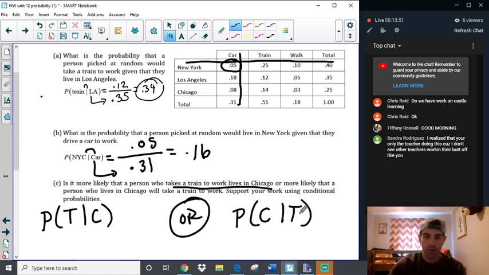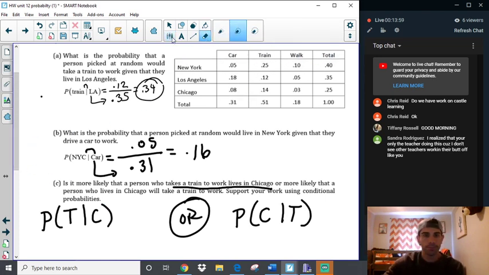So we know they're taking the train. Well, are they going to be living in Chicago? Here I already know they live in Chicago. So if we do the same thing again, that's my denominator. This is your intersection.